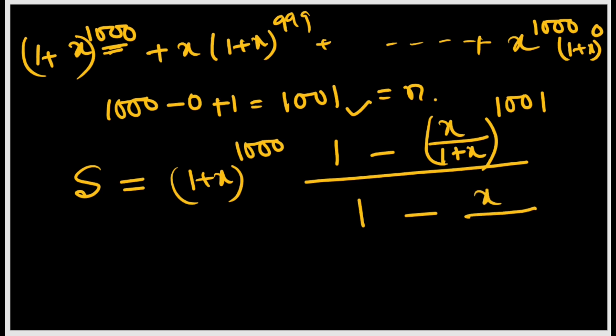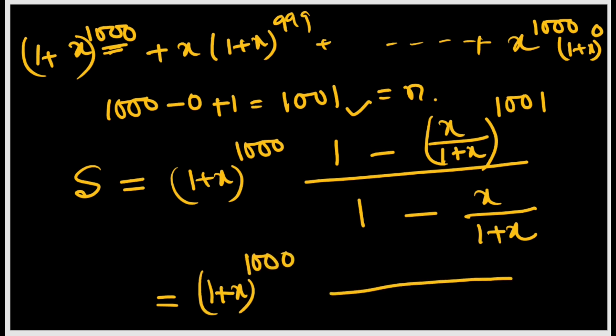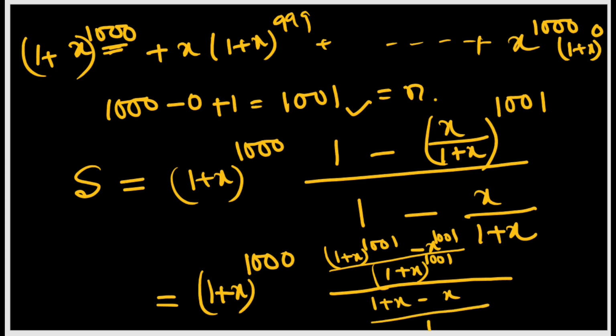Now we simplify this very carefully. (1 plus x) to the power 1000, the LCM over here is (1 plus x) to the power 1001, giving (1 plus x) to the power 1001 minus x to the power 1001, and the other term is (1 plus x minus x) over 1 plus x.